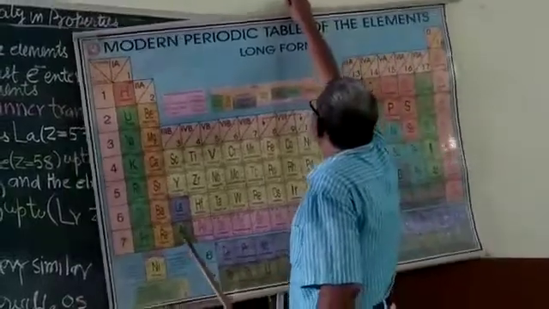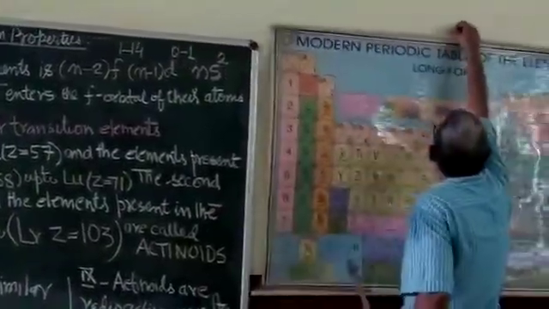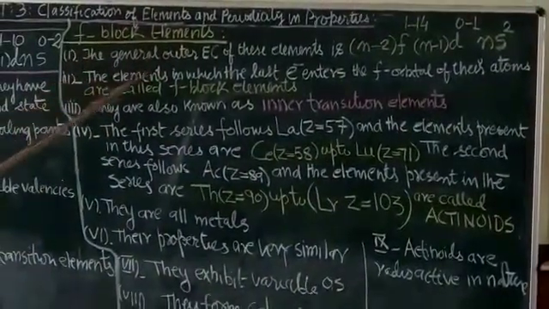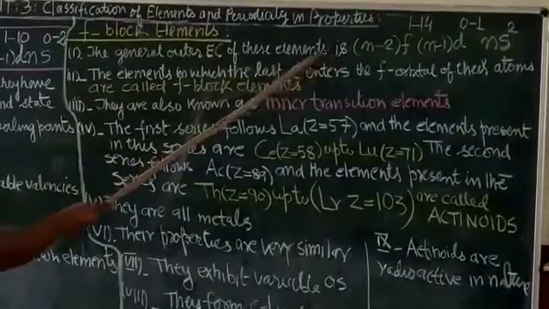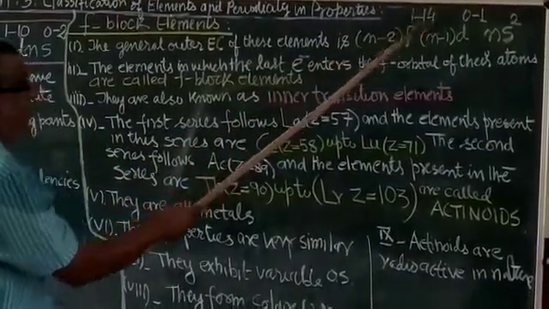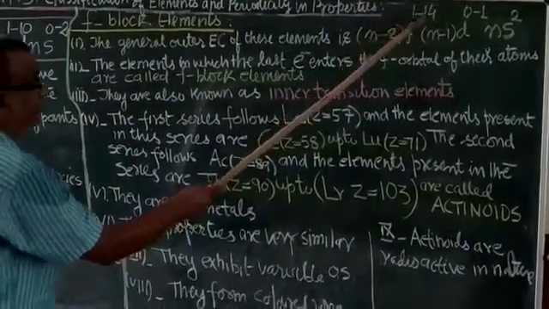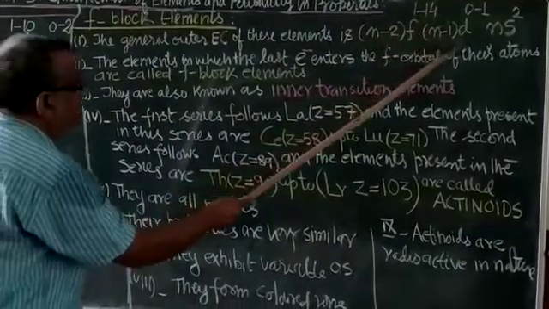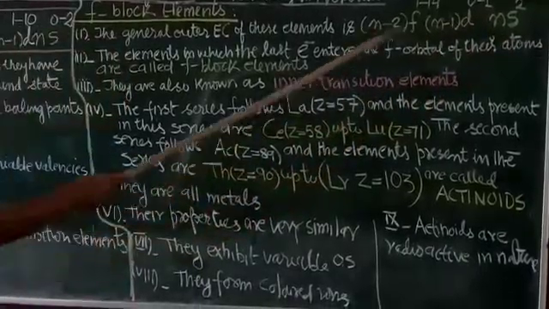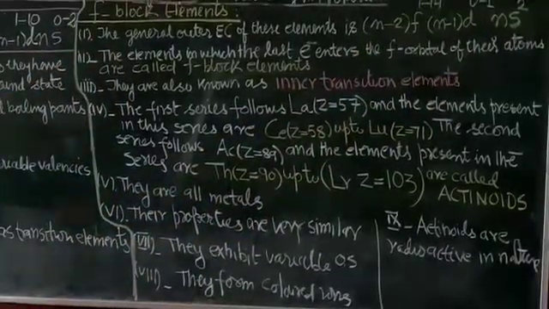What are the properties here? For the f block elements, the general outer electronic configuration is (n-2)f 1 to 14, that is, the f is filled successively from 1 to 14, (n-1)d 0 to 1, ns2. This is the general outer electronic configuration of these elements.